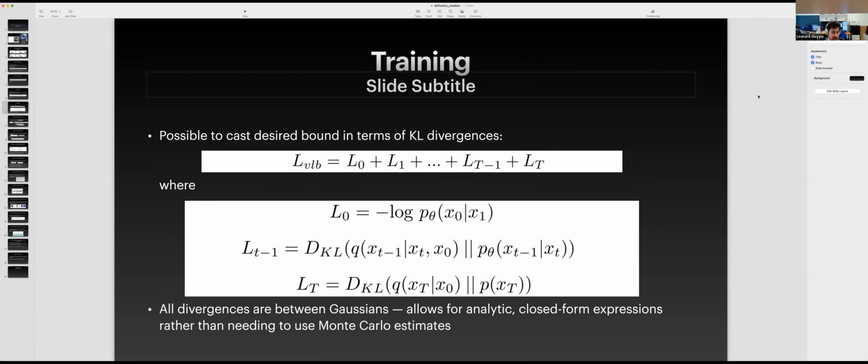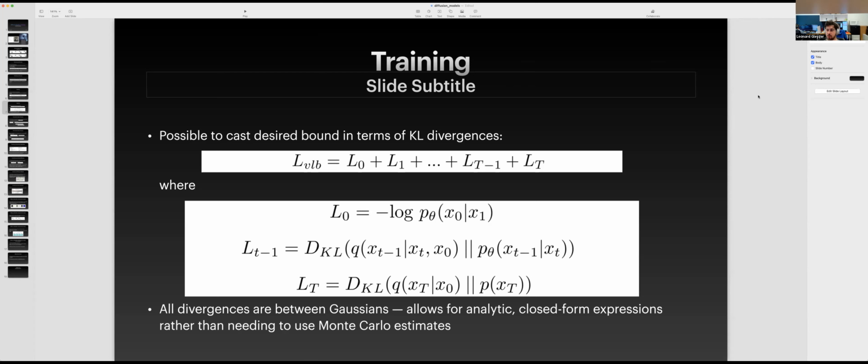And an important part of this is that it's possible to cast this desired bound in terms of a sum of KL divergences across the different diffusion steps between the q distribution, so the forward distribution, and the reverse distribution.